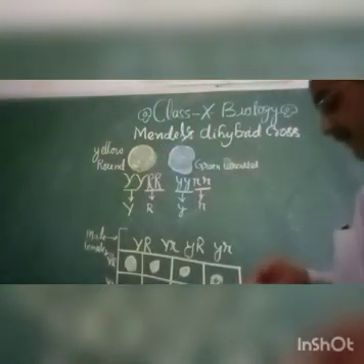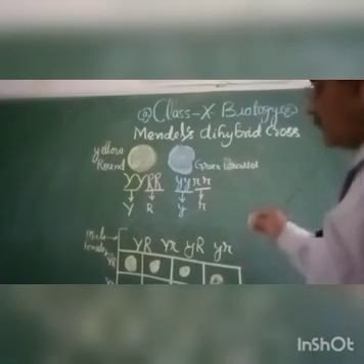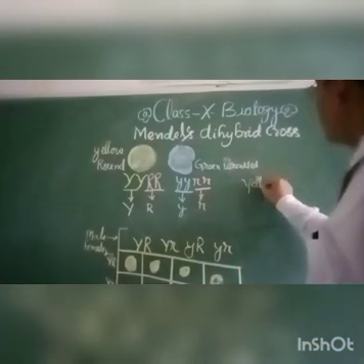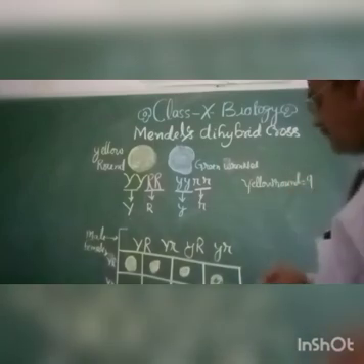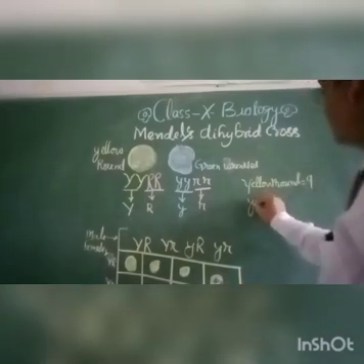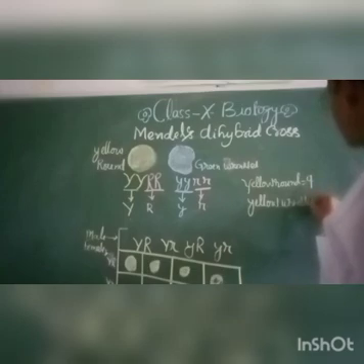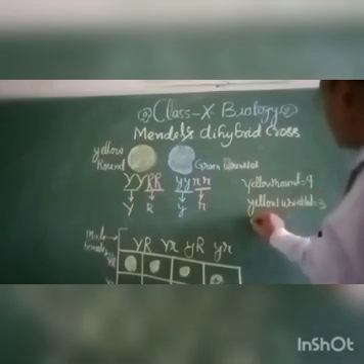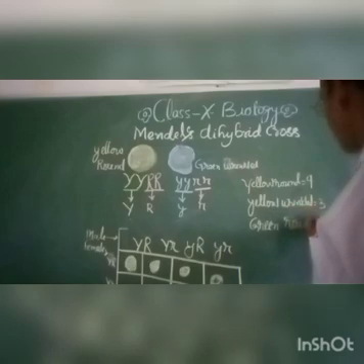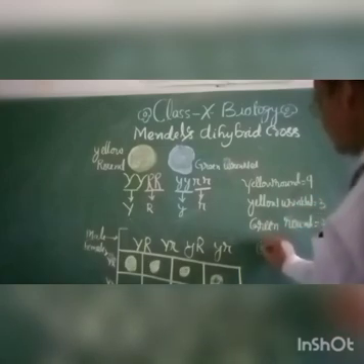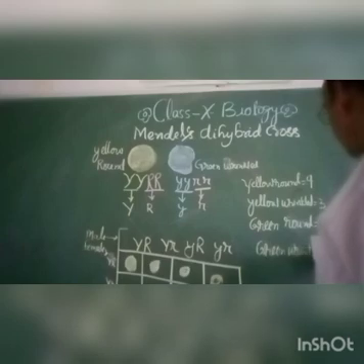So what is happening here? The chances are that yellow round was obtained 9, then yellow and wrinkled was 3, green round was 3, and green and wrinkled was 1.